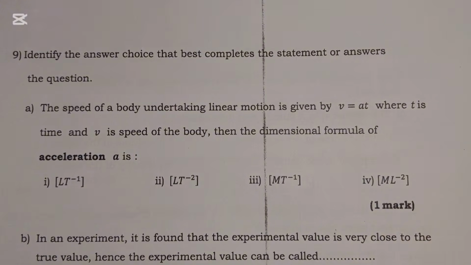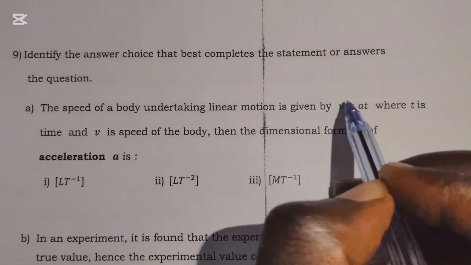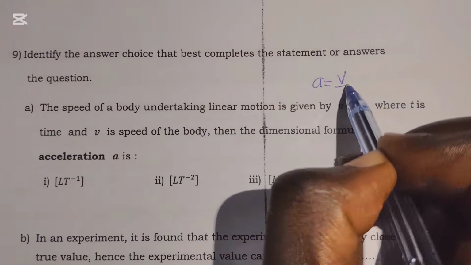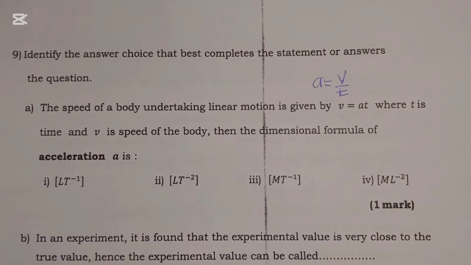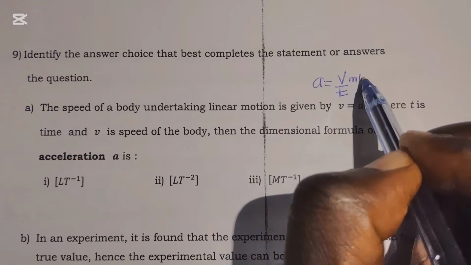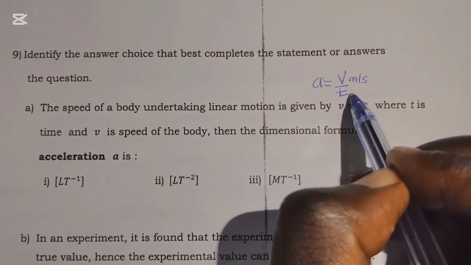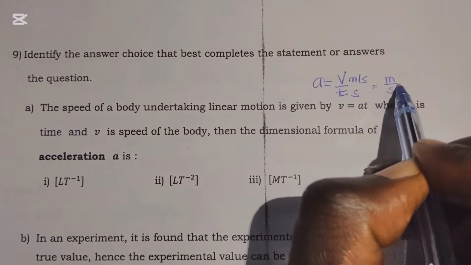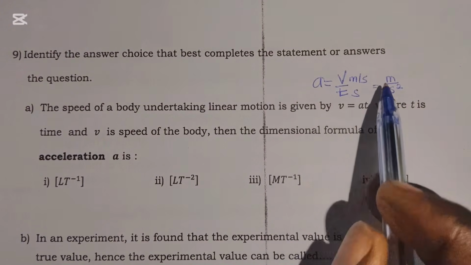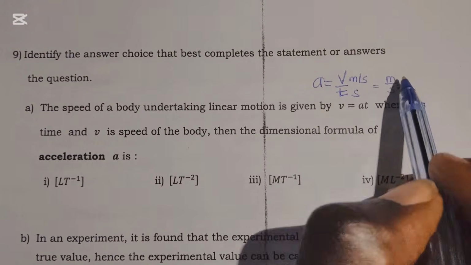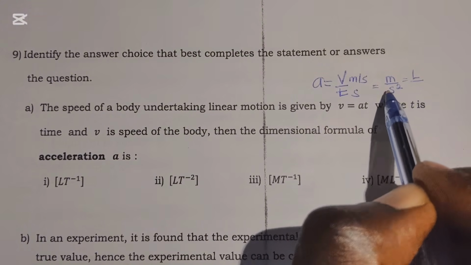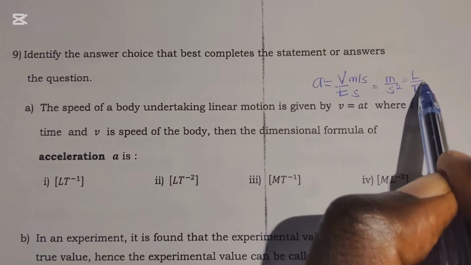from the above formula we have, acceleration is equal to velocity over time, meaning meter per second over second, to get meter per second squared. This meter represents length, whereas the second represents time squared.